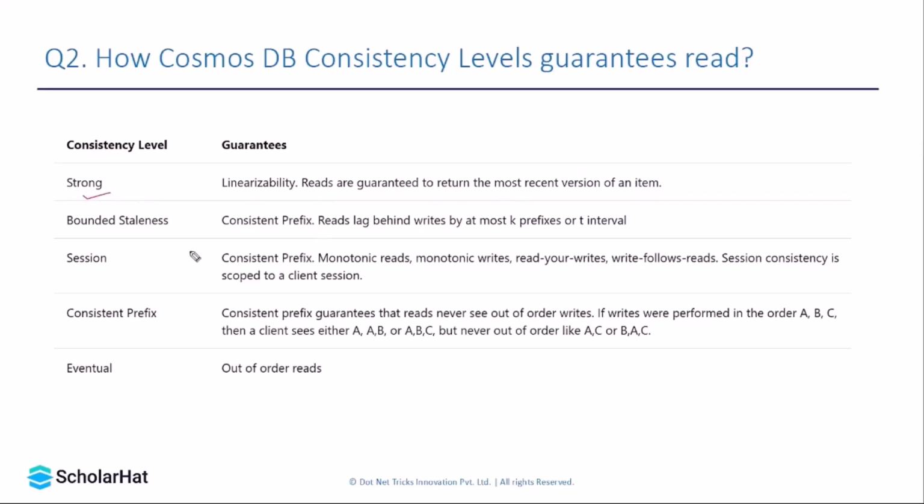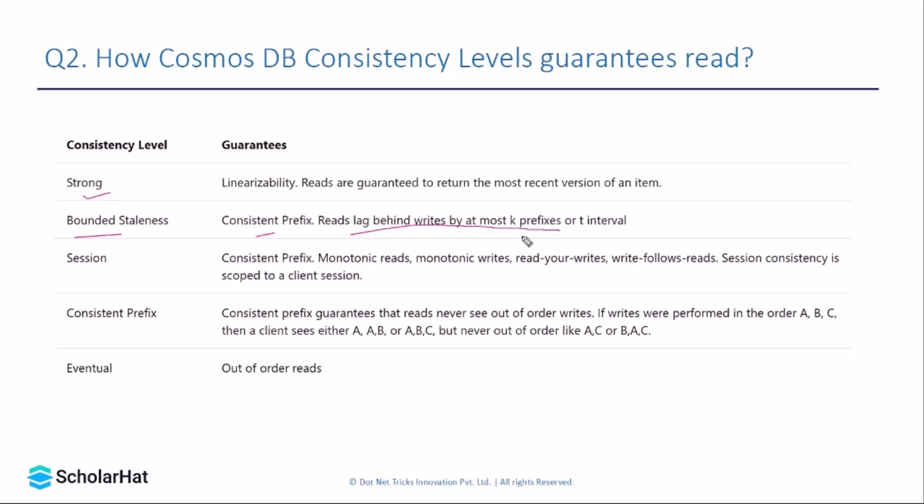So if we are using a strong consistency level, then the reads are guaranteed to be the most recent. The second is bounded staleness. Bounded staleness is basically a consistent prefix, and reads lag behind writes by at most k prefixes or t interval. So when we say bounded staleness, it simply means that there would be a delay between the read and the write, and the delay would be constant.